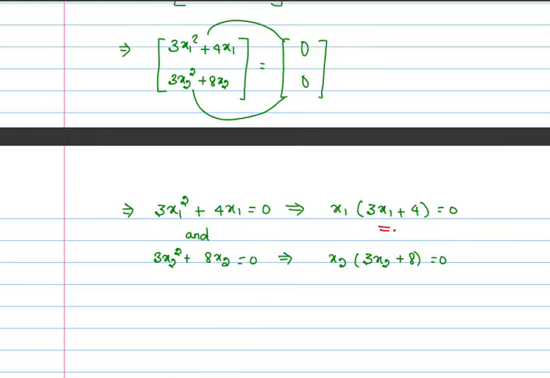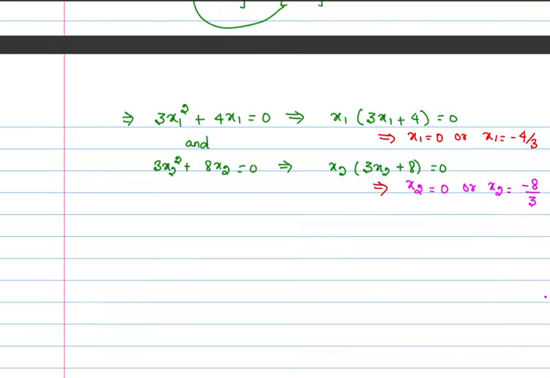From this, x1 equals 0 or x1 equals minus 4 divided by 3. Similarly, the second equation implies x2 equals 0 or x2 equals minus 8 divided by 3.